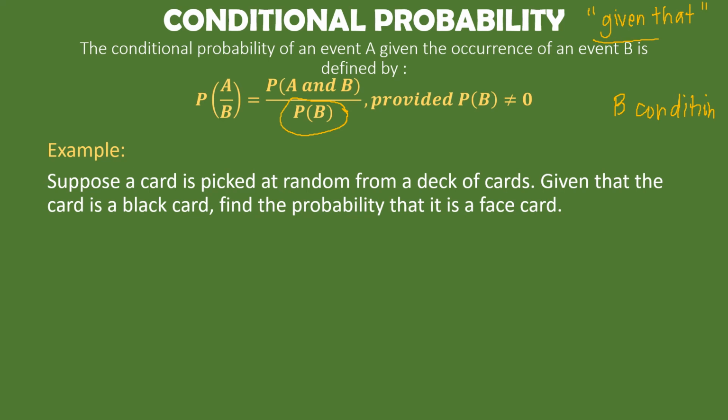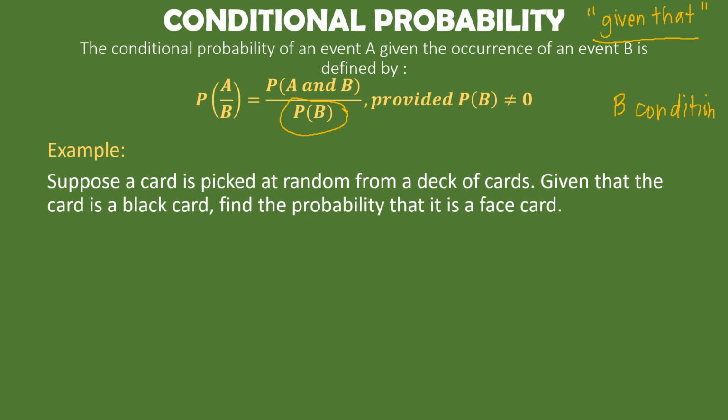So there is this word given that, or suppose that, or if, or any similar terms that have the same meaning. Okay? So your clue to think that it's conditional probability is there's a given that, there's a condition. And remember that B will always be the condition.